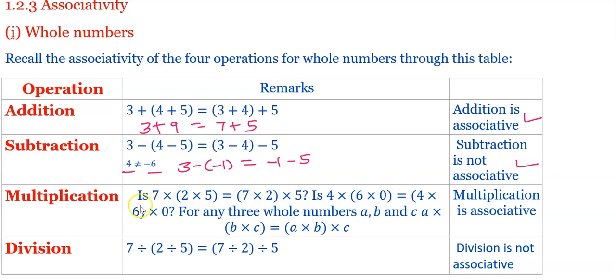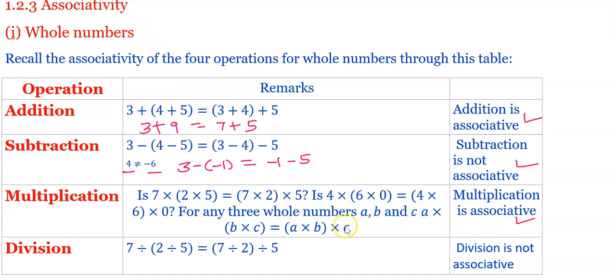Okay. Next, multiplication, that is 7 into, in bracket, 2 into 5, and that equals 7 into 2, into 5. Therefore their multiplication is the same. Therefore we will say that multiplication is associative for the set of whole numbers.